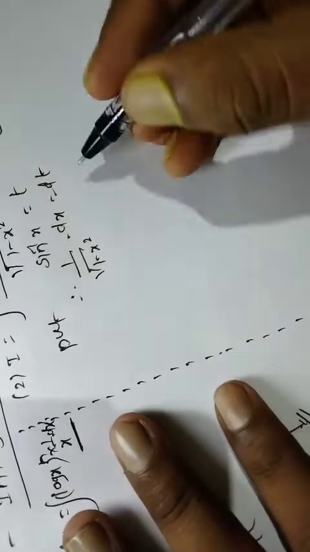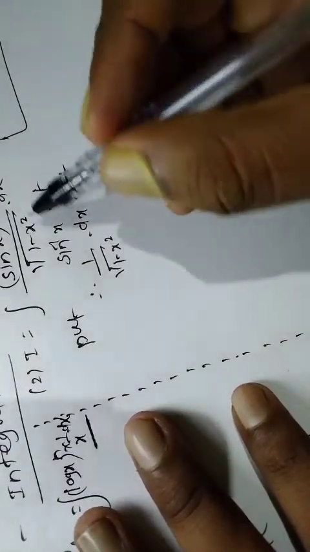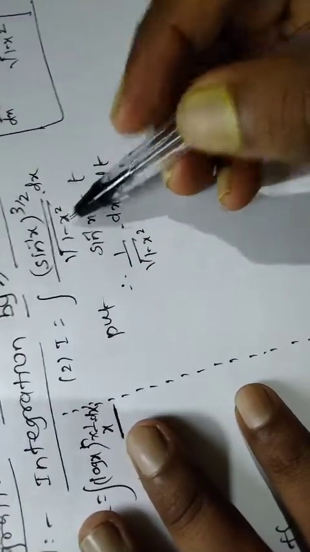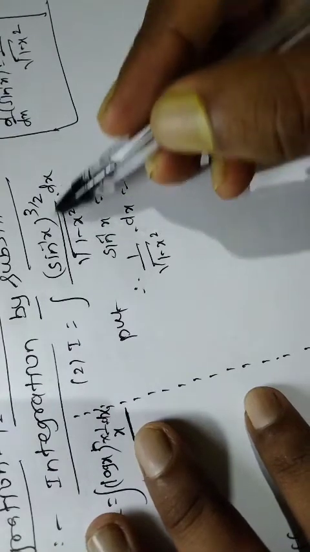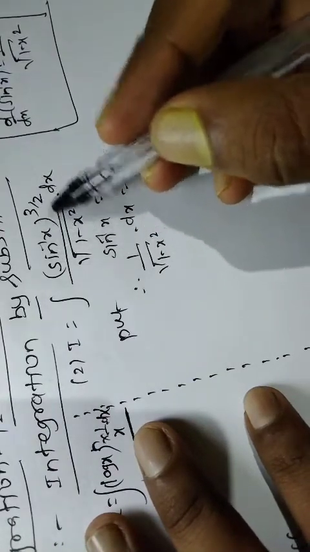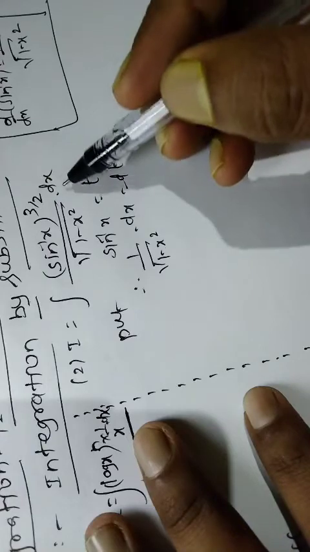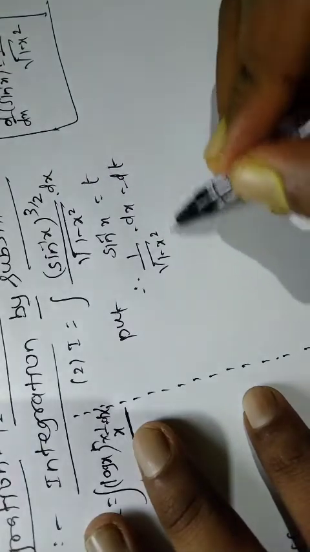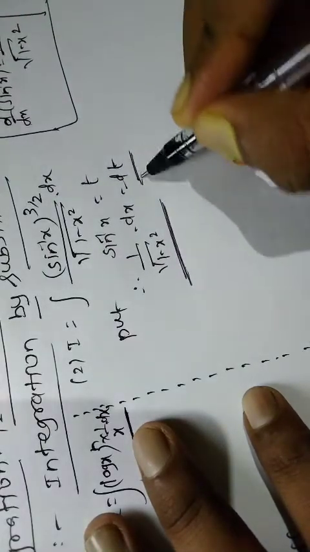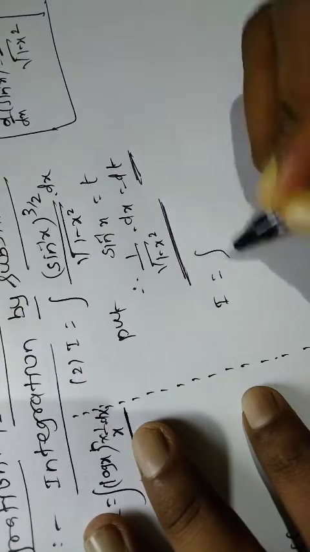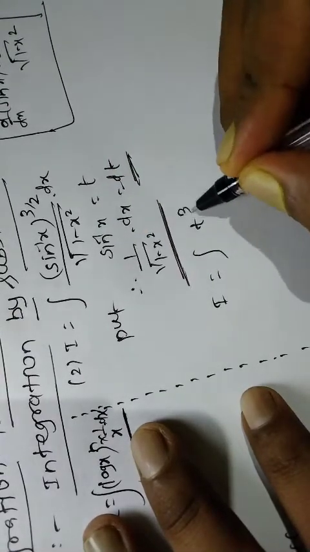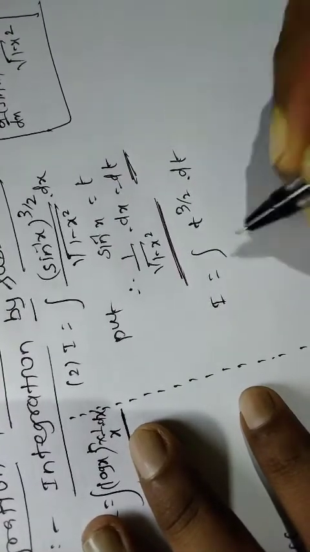Now you can write this in the form (sine inverse x) raised to 3 by 2 into 1 upon root of 1 minus x square. This part is replaced by dt, right? So the question becomes t raised to 3 by 2 into dt, correct?